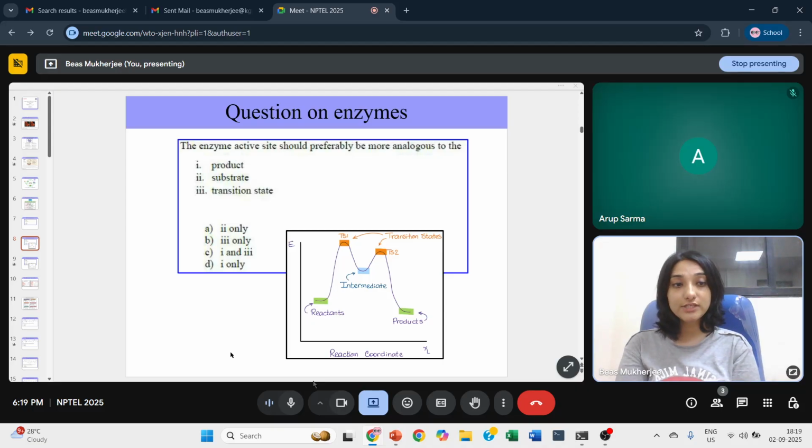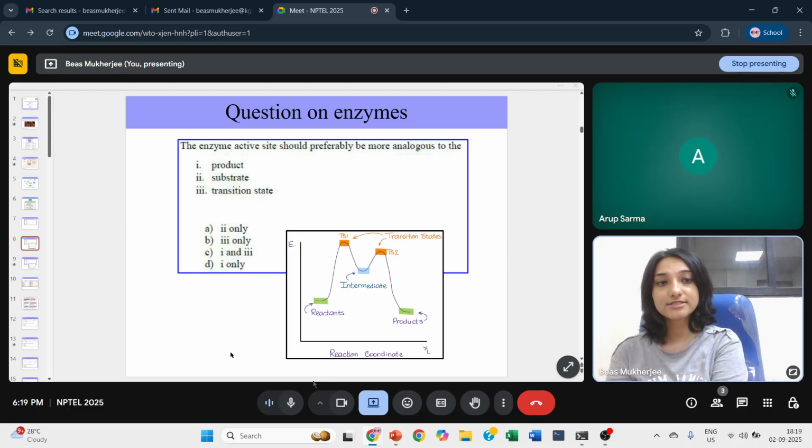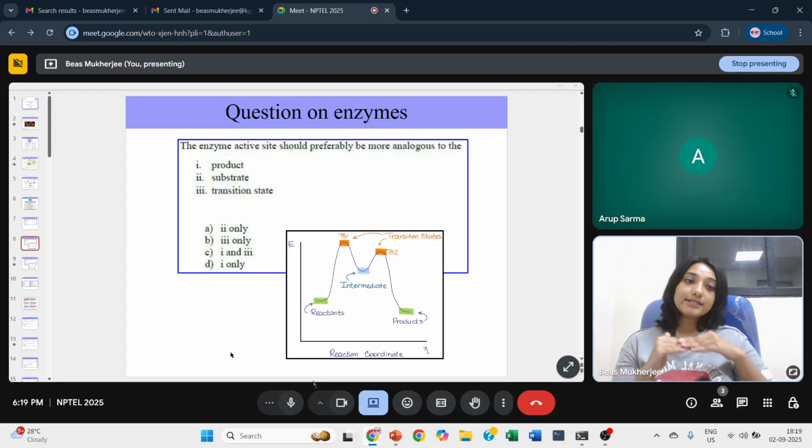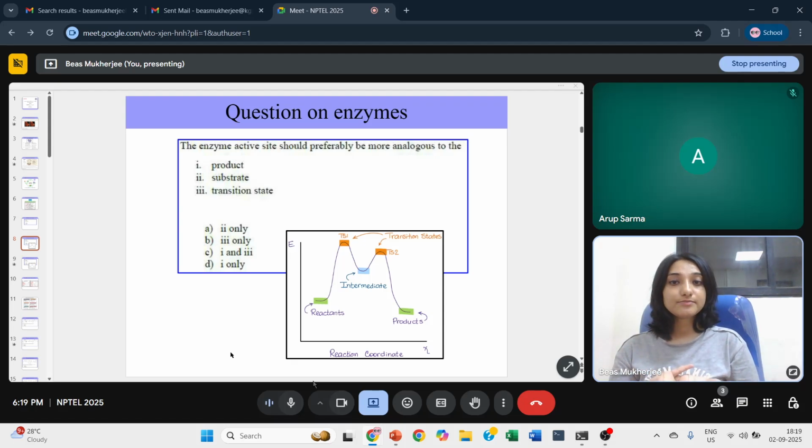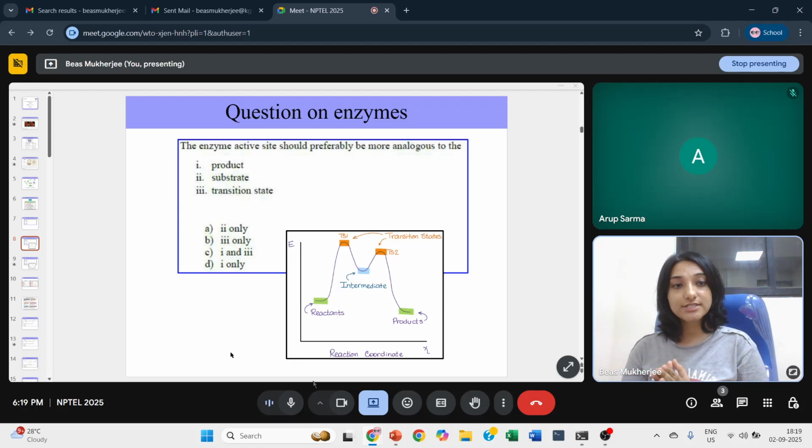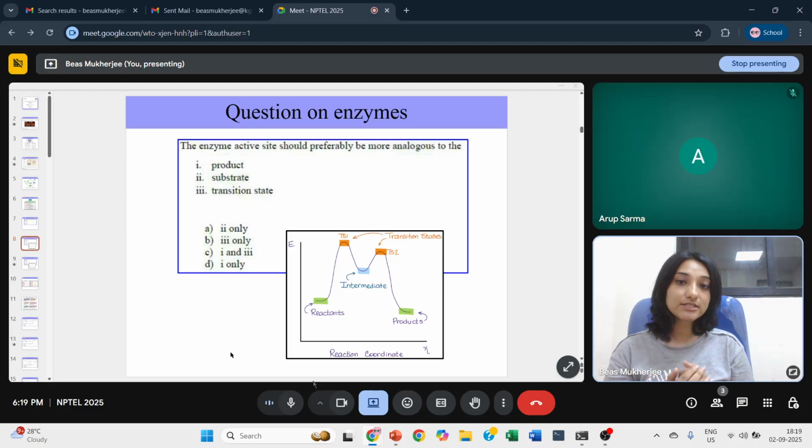Okay, you have to keep both of these in mind. So which one do you think would be the right answer? From the reactant, the substrate, enzyme and substrate together form the transition state, and from there the intermediate state is formed, and from there the product is formed, right?